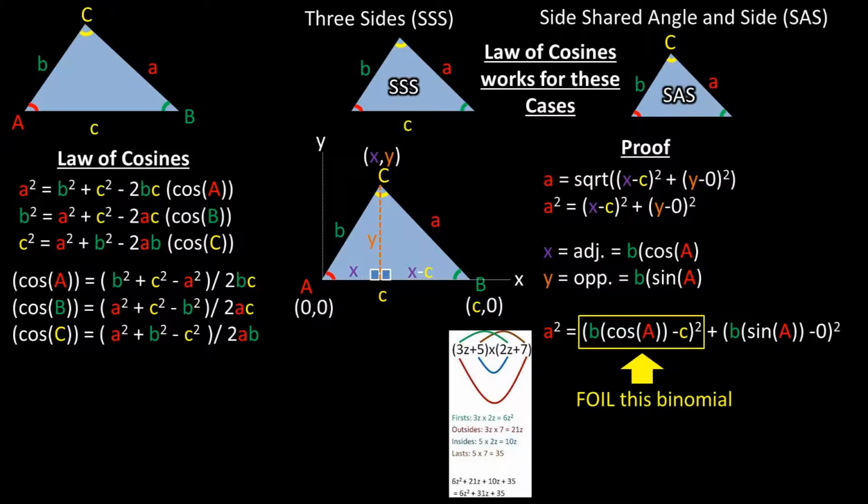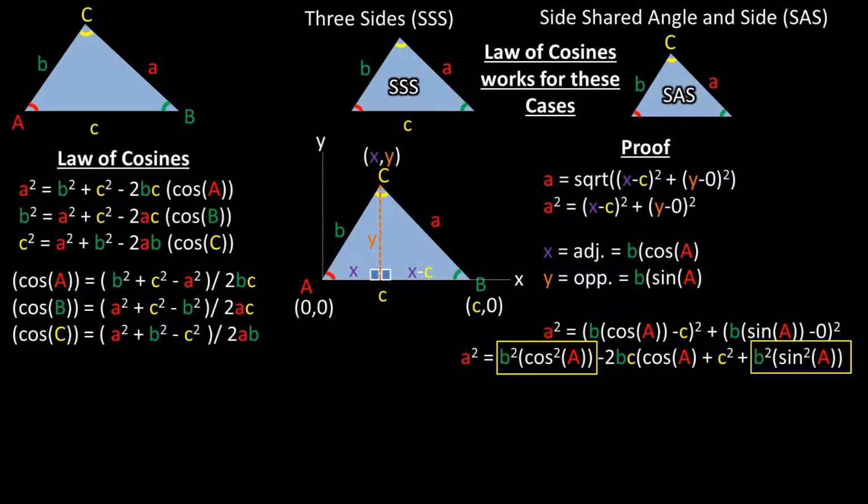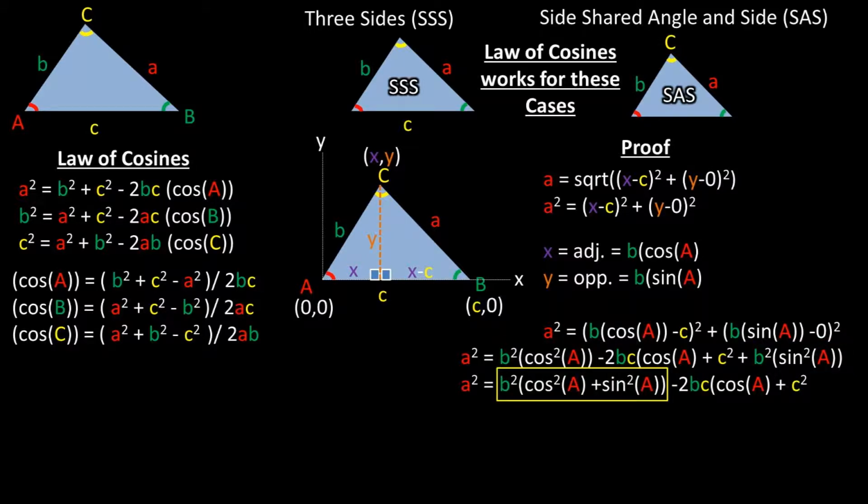Now we must use the FOIL method to change the form of the binomial (b cosine of angle A minus c) squared part of the equation. Doing so, we are left with this equation. Notice that we can factor out b squared to make the equation more reducible. Completing this, we are left with b squared times (cosine squared of angle A plus sine squared of angle A).